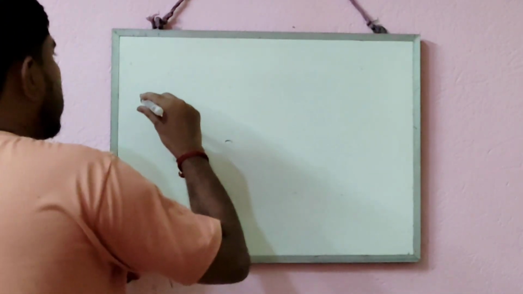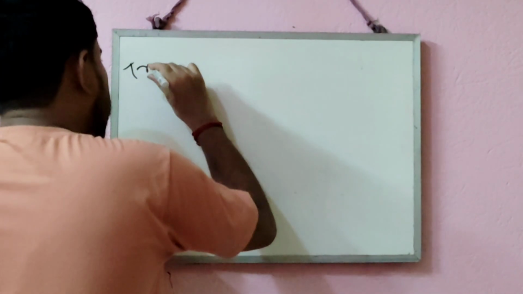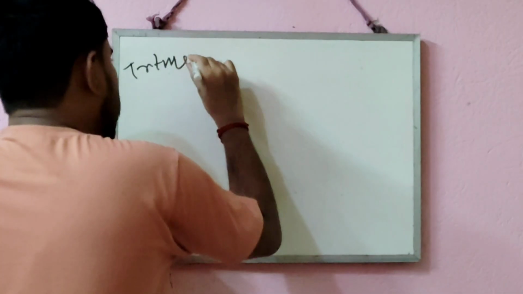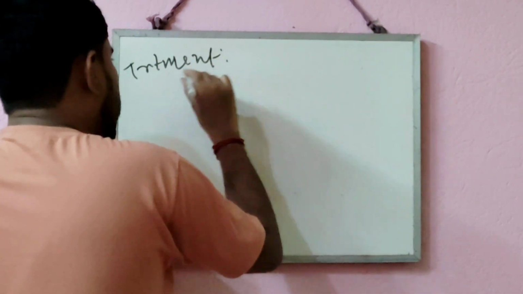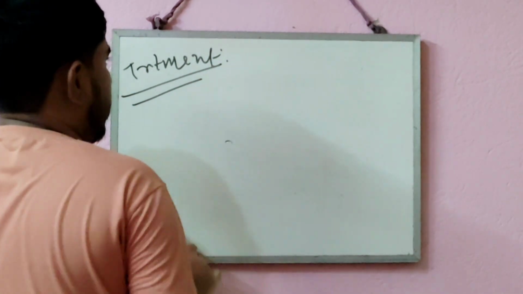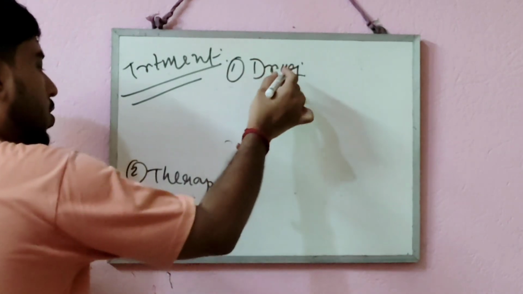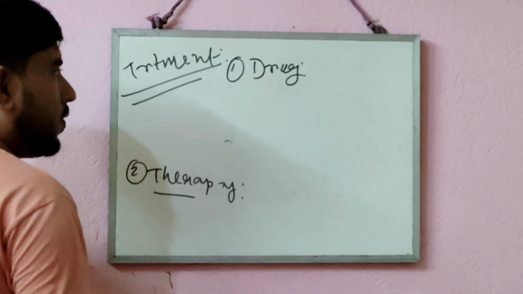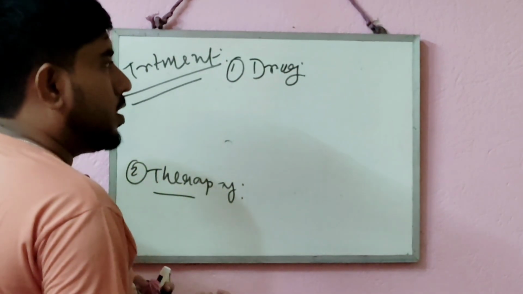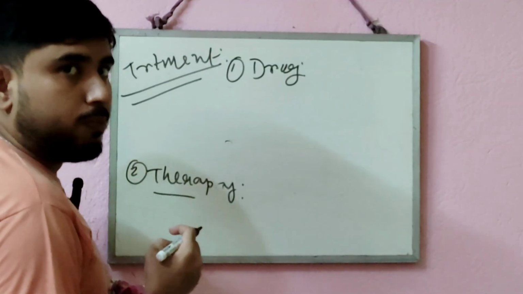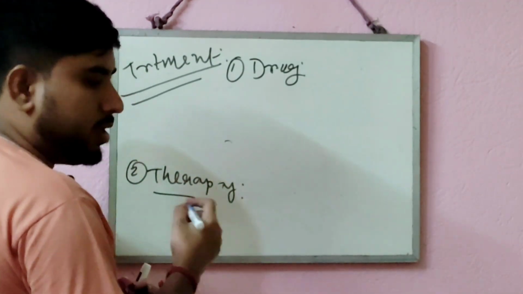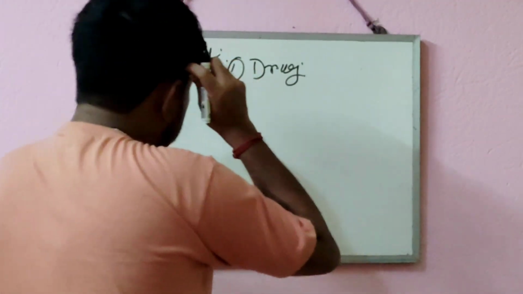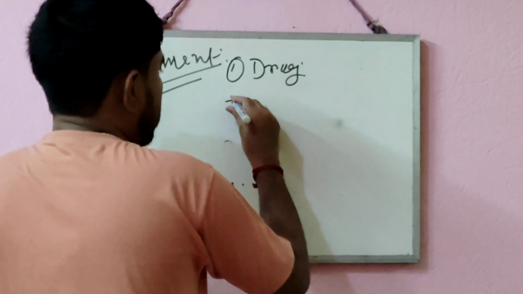So now we are going to discuss the possible treatment for myasthenia gravis. We can treat with drugs, and sometimes with therapy, depending upon the stage of myasthenia gravis the person is suffering from. What are the drugs that are going to be used?